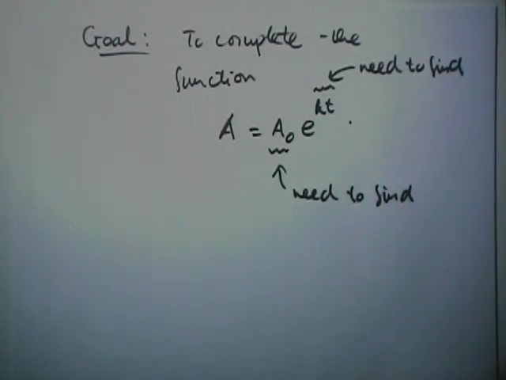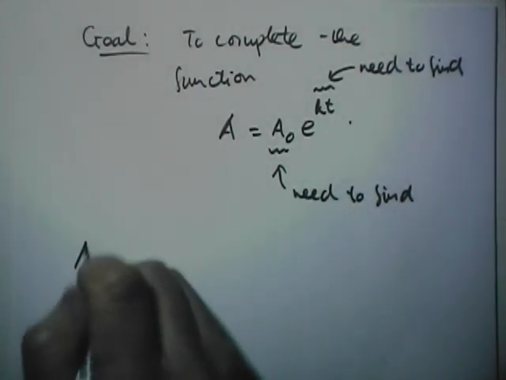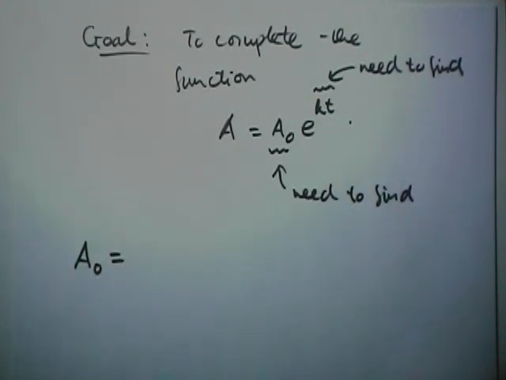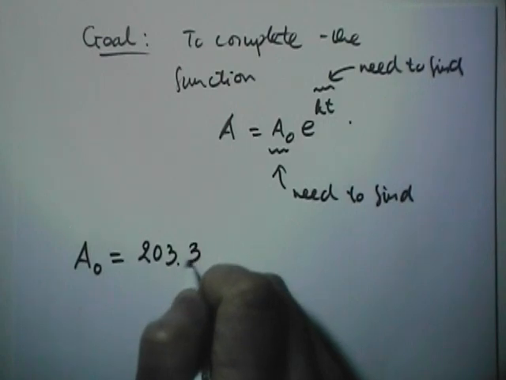In my problem, what do I know? In 1970 is the time where we start our experiment, when we start measuring the population. So A sub 0 in our problem here is actually 203.3 million.